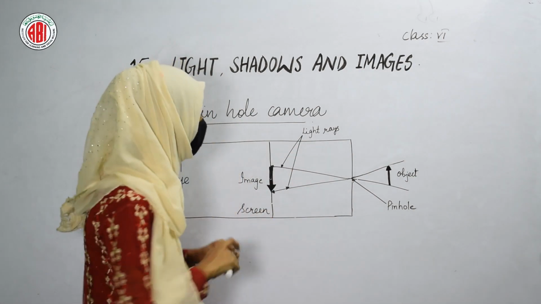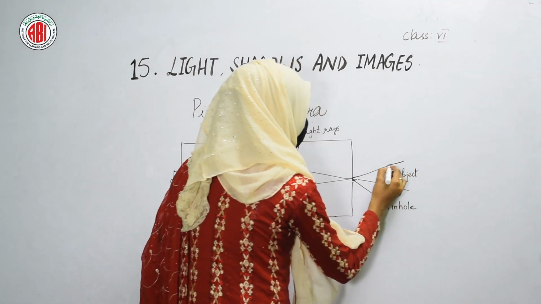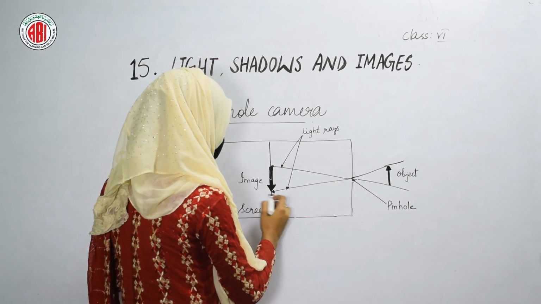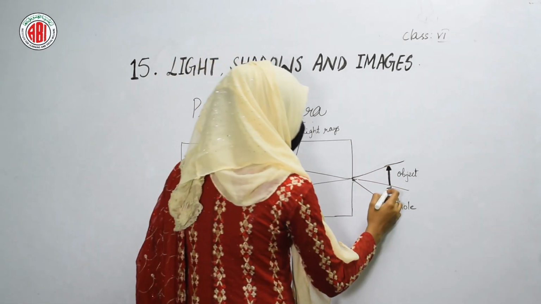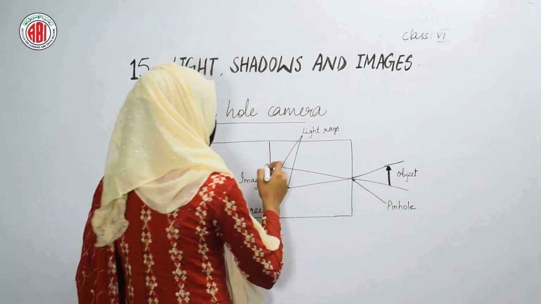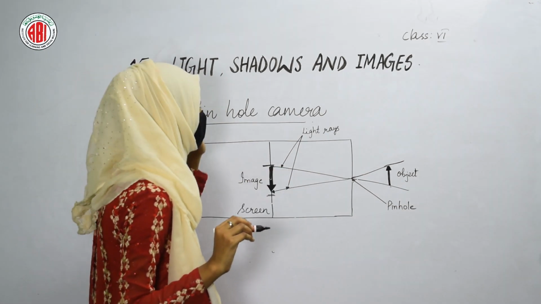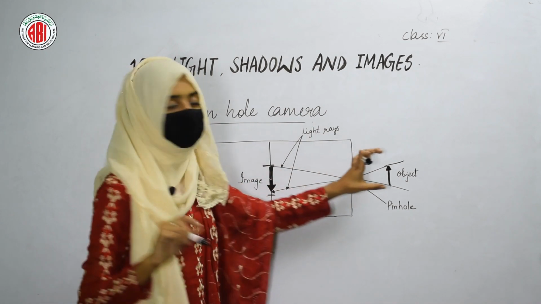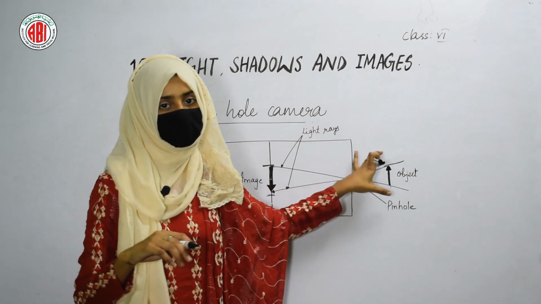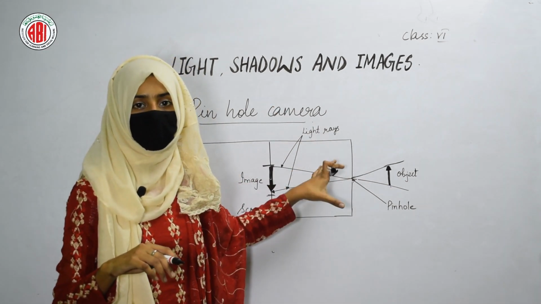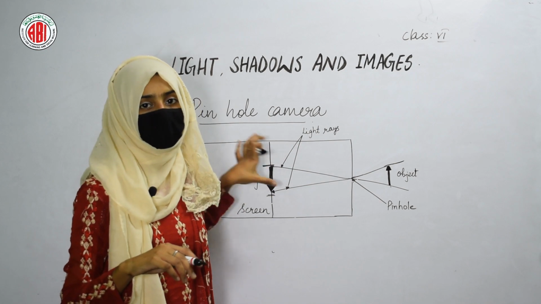In this way, the light from the top position of the object will fall on the bottom position of the screen, and from the bottom position of the object, it will go straight and it will fall on the top part of the screen. So the object which is present in front of the pinhole camera can be seen in an inverted way.